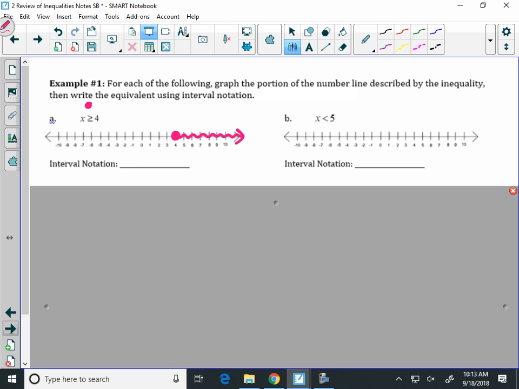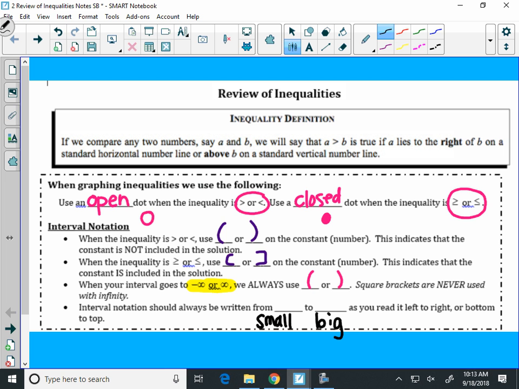Now, when we write interval notation, we're going to match it up to our number line from the left end to the right end. So on the left end, I have an endpoint at 4. That endpoint has a closed dot, and we said the closed dots go with the inequality symbols less than or equal to, greater than or equal to.